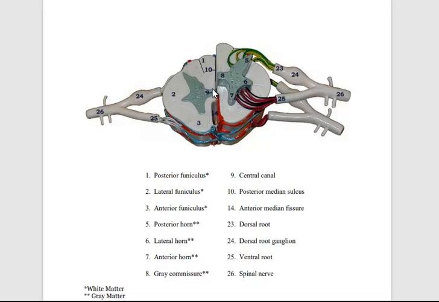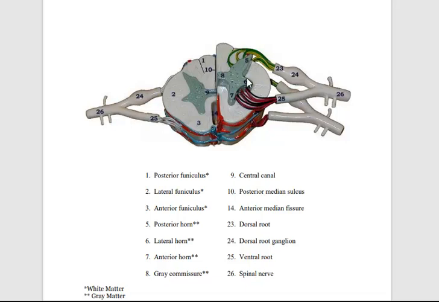All right, and then we are looking at the lateral horn, the anterior horn, the gray commissure, and the posterior horn. Most people call it the dorsal horn, but either one's correct. I looked it up. Posterior or dorsal, either one is fine.